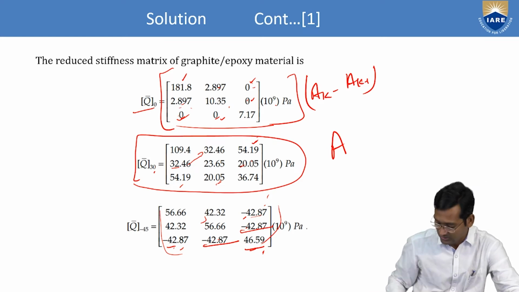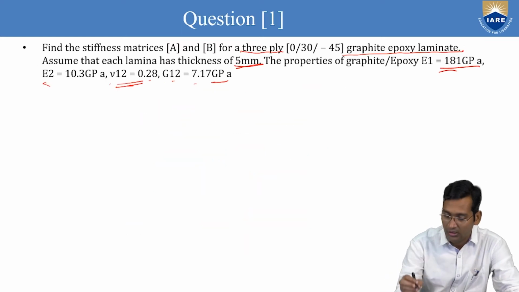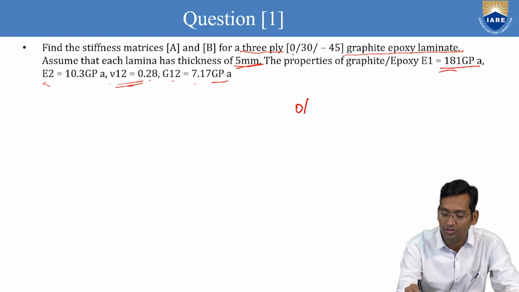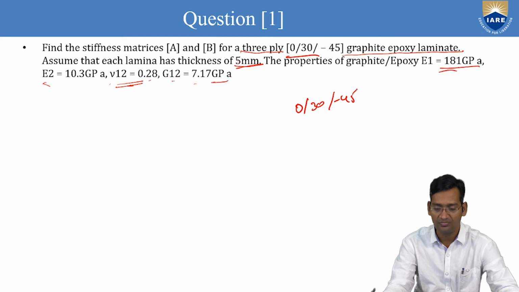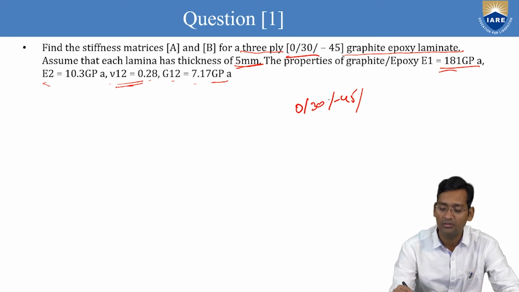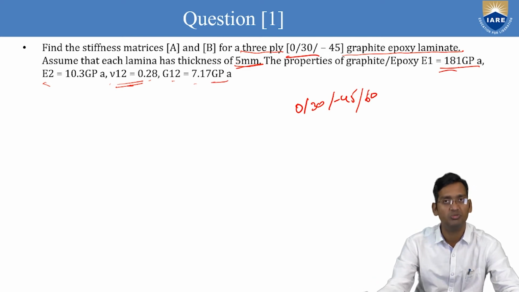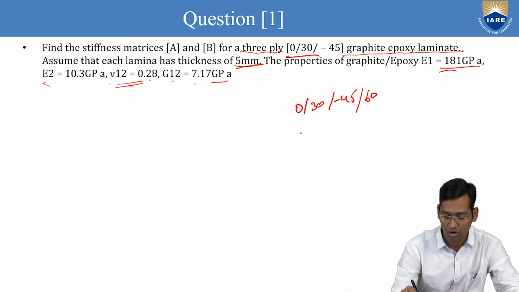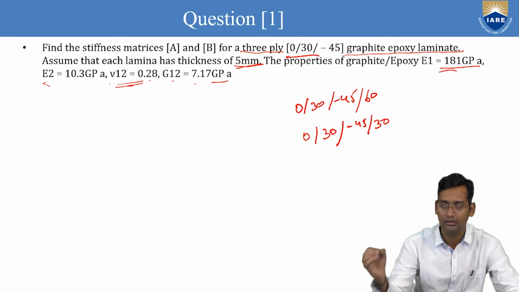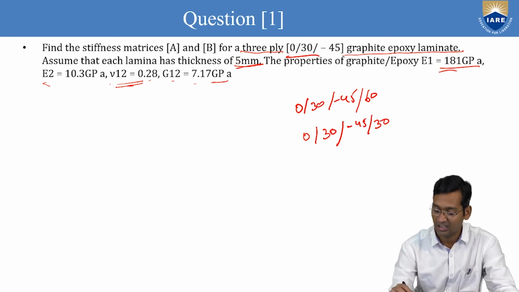Now just imagine, suppose in the same question they just give 0, 30, minus 45, and another they can give 60. That also is possible, the 4th ply. Or they can give 0, 30, then minus 45, and then again 30. Then what you have to do?